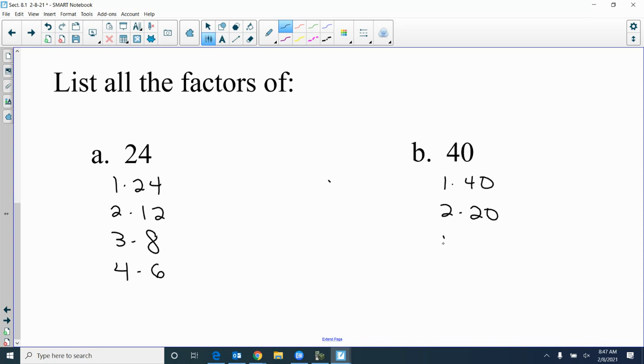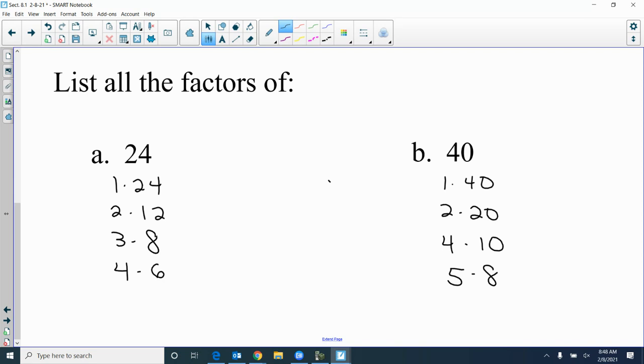Then Christian, 8 times 5. I'm going to write it as 5 times 8. I'm going to start from low to high so I don't miss anything, and so I don't write anything twice. So I go 1 and 40, 2 and 20. 3 doesn't work. 4 times 10, 5 times 8.